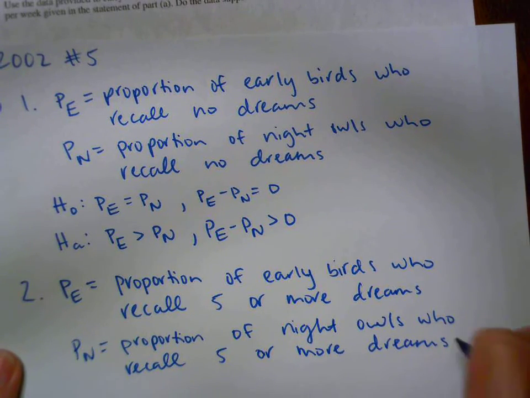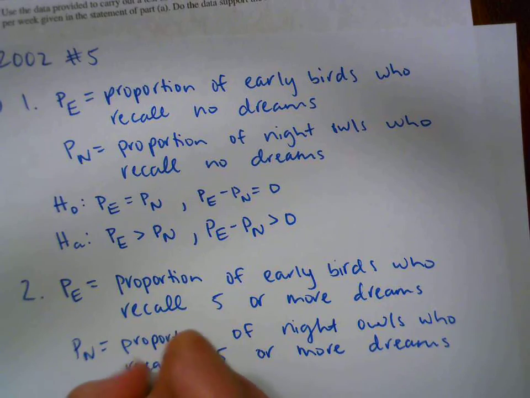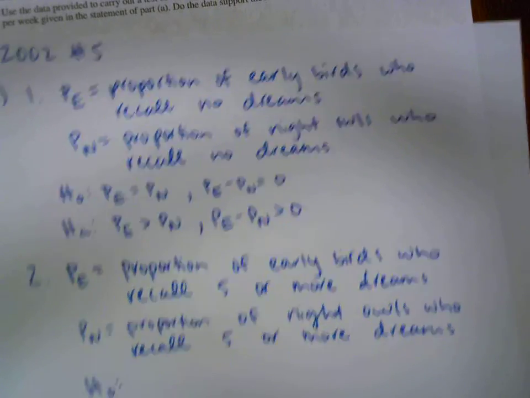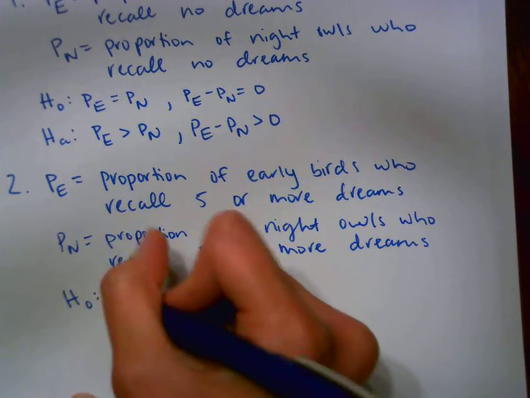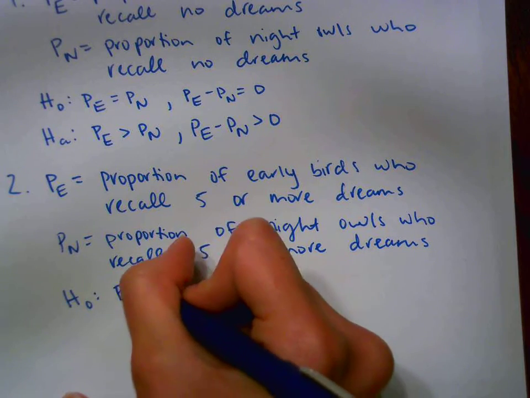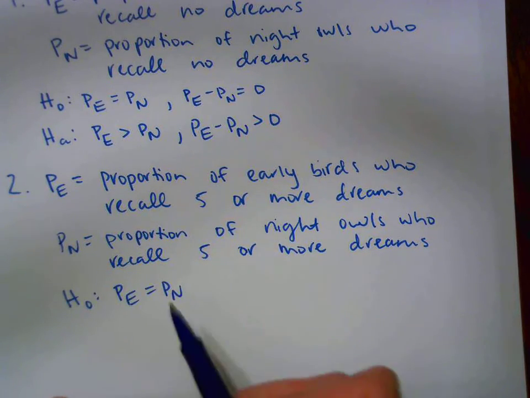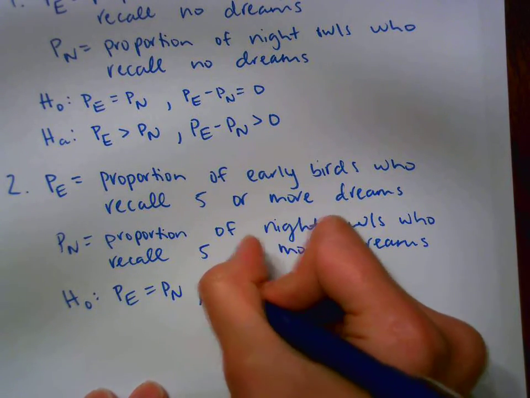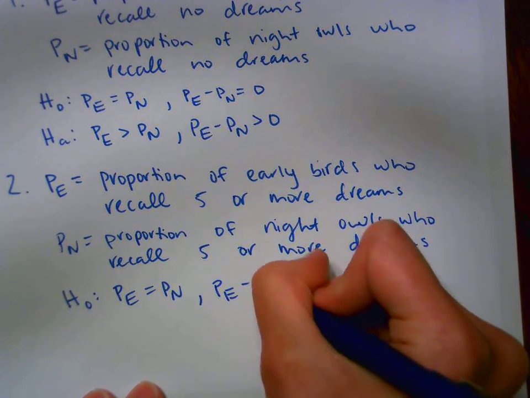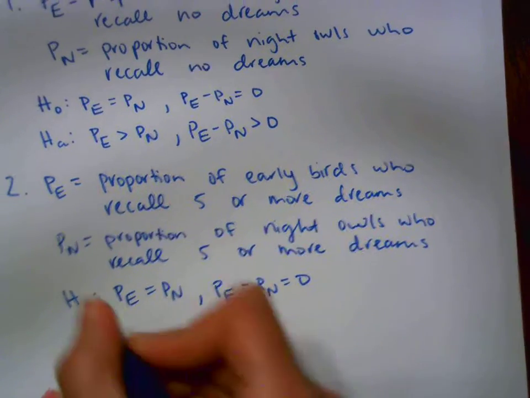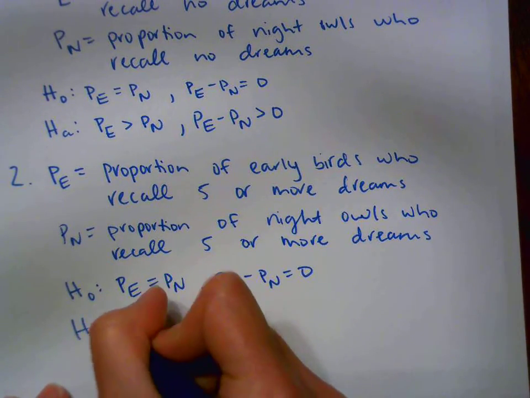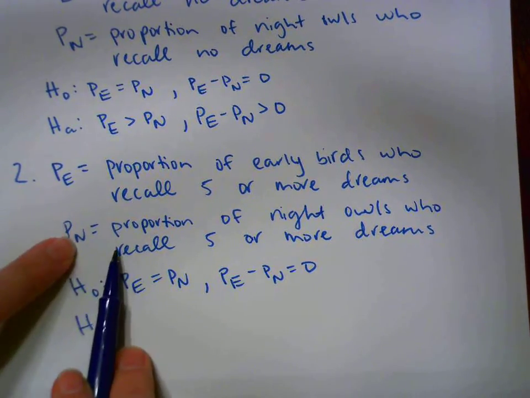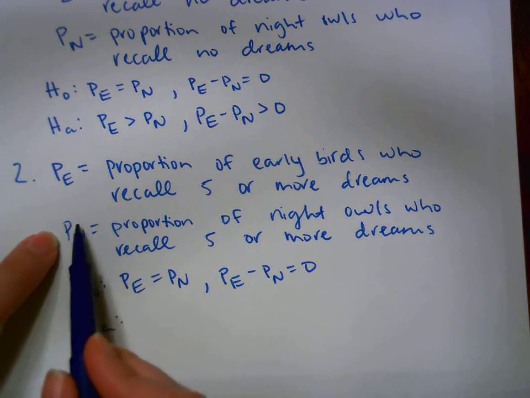We set up our null the same, right? Our H0 is always that they're equal. So pE equals pN, that there's no difference in the recall for early birds and night owls, which is also pE minus pN equals 0. And then in this case, we think the night owls have greater recall, so we think this would be greater.